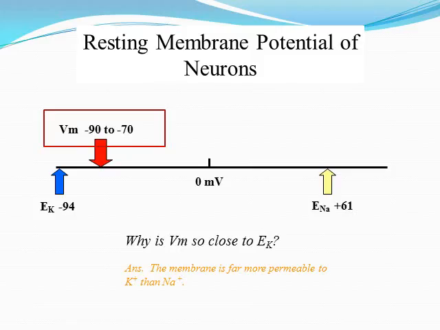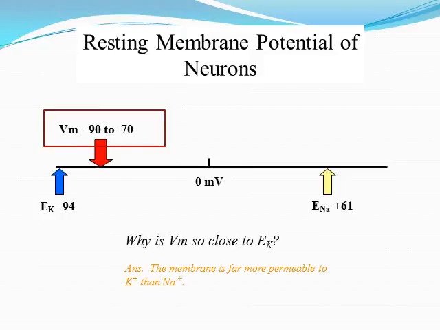Okay. So when we look at this on a scale, we notice that the resting membrane potential of those neurons is very close to the equilibrium potential that would be supplied by potassium.